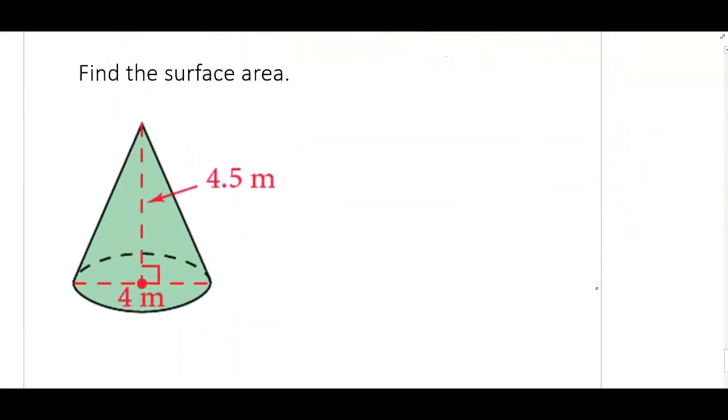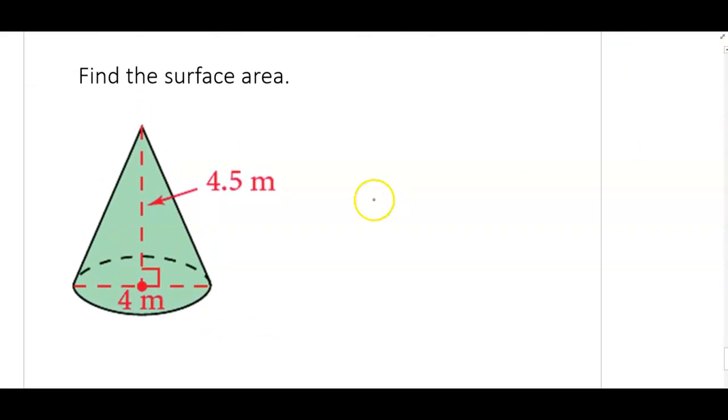Next one. Here, it's a little more complicated because what you're given here is the height, not the slant height. So first thing I'm going to do is find the circumference of the base. If the diameter is given to you as 4, circumference is just going to be diameter times pi, which is 4 pi. Now, what you have to remember here is this is 2, that's 4.5. I'm going to use the Pythagorean theorem to find the slant height.